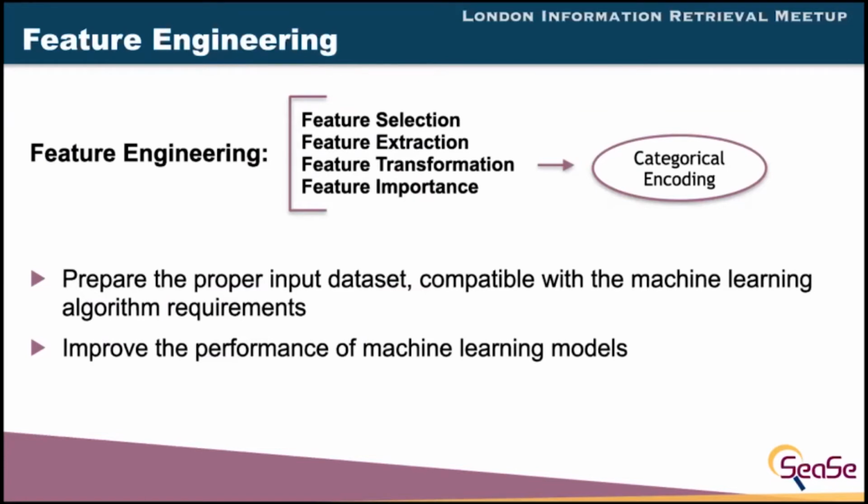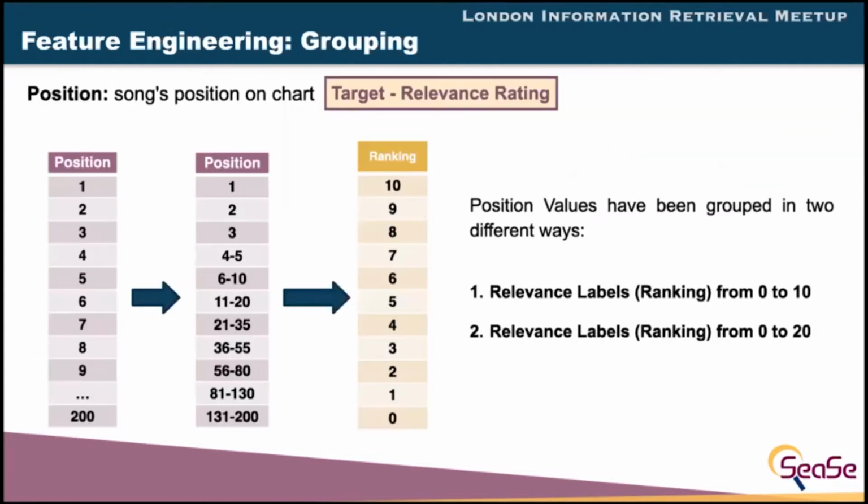And we were faced with the challenge of understanding how to transform these kinds of features into suitable numerical values. So now let's see one by one the structure of the features and the approach we decided to undertake to solve this problem. The first feature is the position.